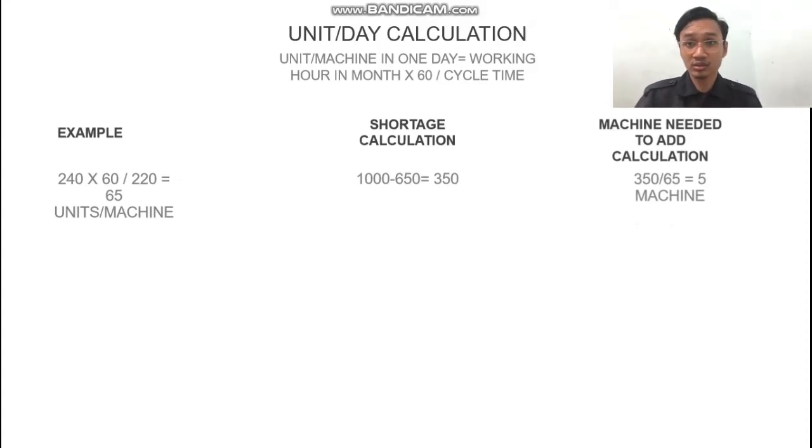And how to calculate the shortage is that we target we need to produce 1,000 per month, but the shortage is 650.